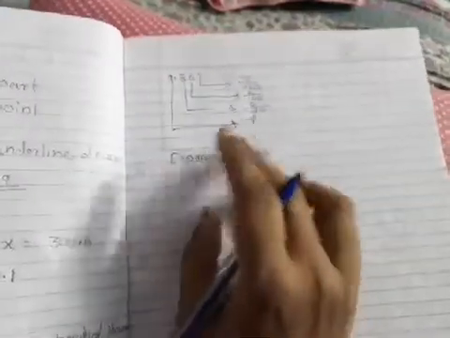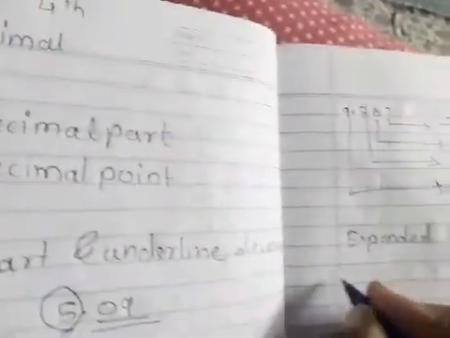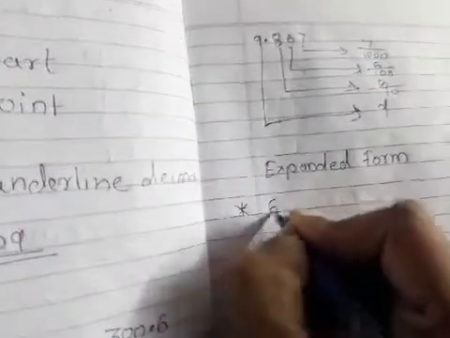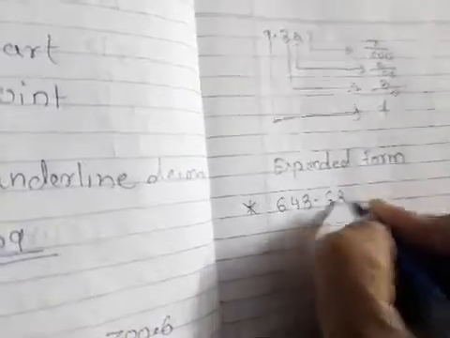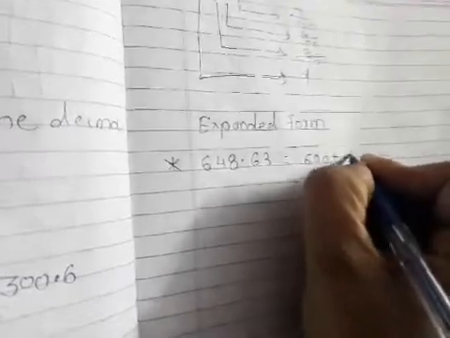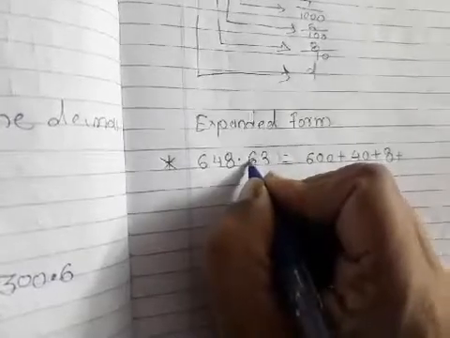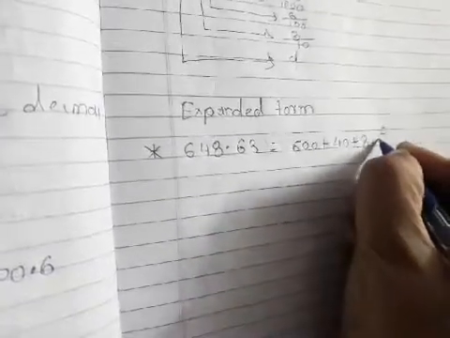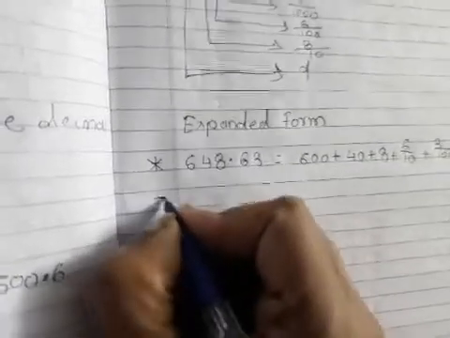This one we also learned in the previous video. Now we also learn place value. Now how to write the expanded form? I show you. 648.63 is equal to 600 plus 40 plus 8, plus 6 is in the tenth place, so the place value is 6 by 10, plus 3's place value 3 by 100. Okay. Next one.